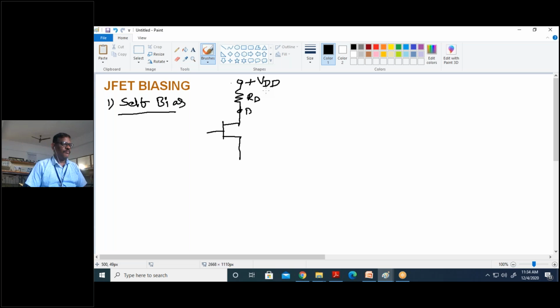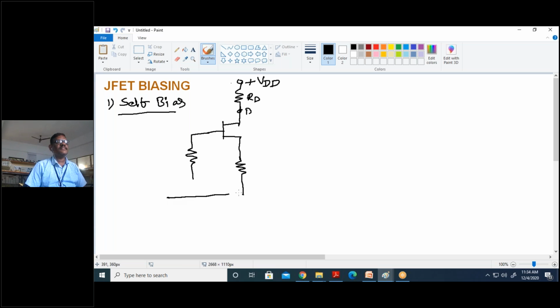And gate to source is every time in reverse bias. So through the RG, here the gate source is connected to one resistor.